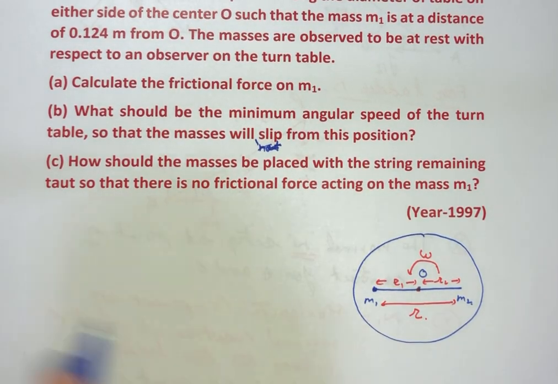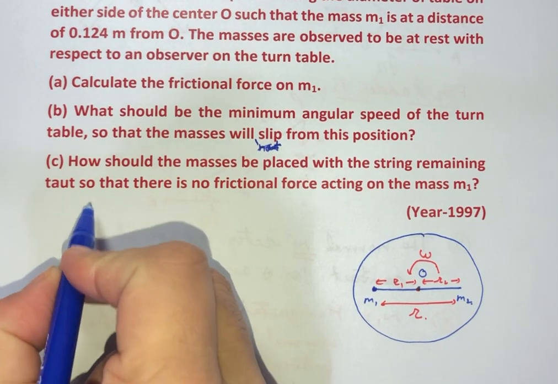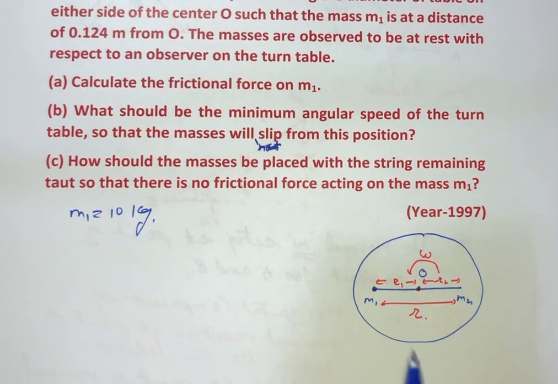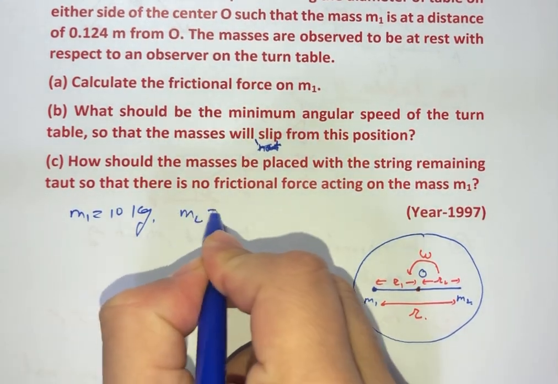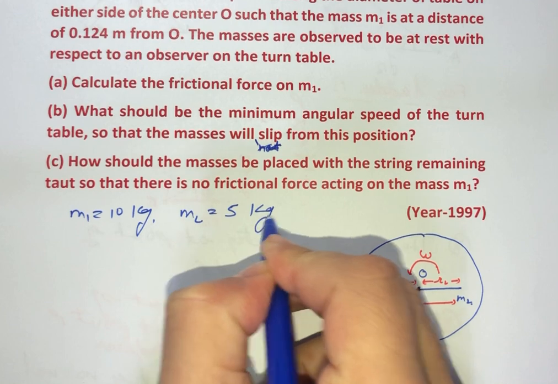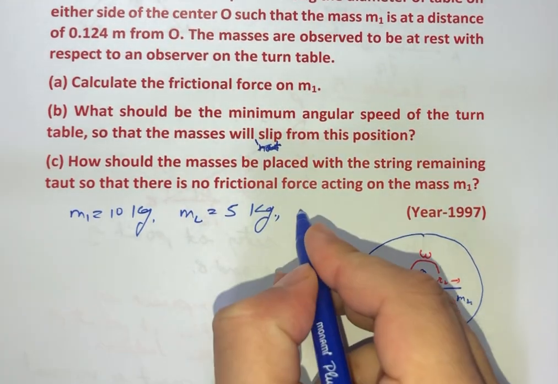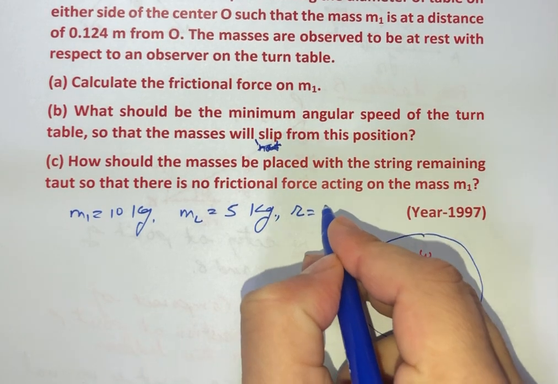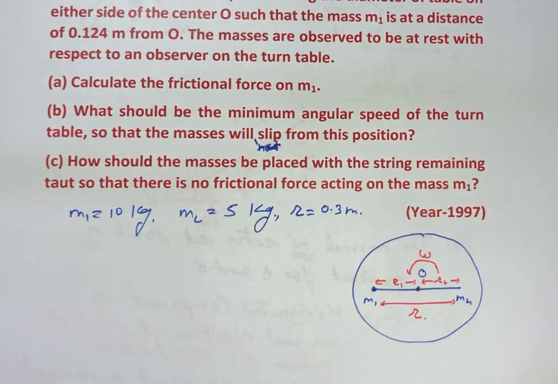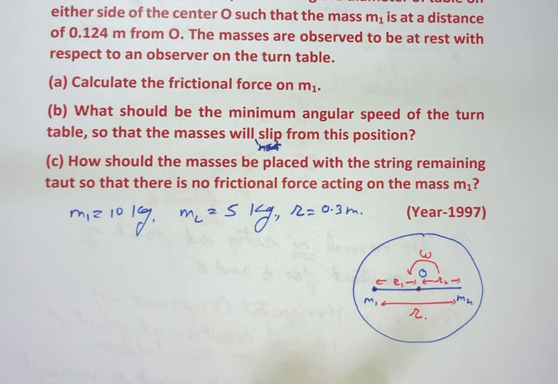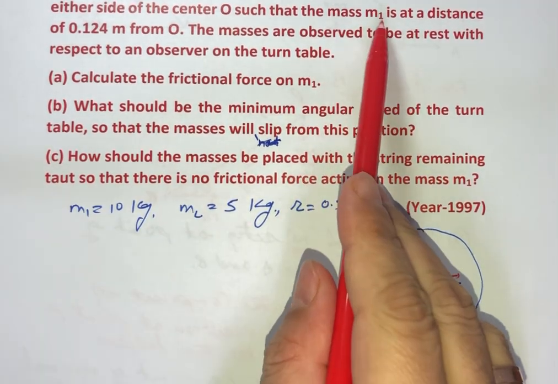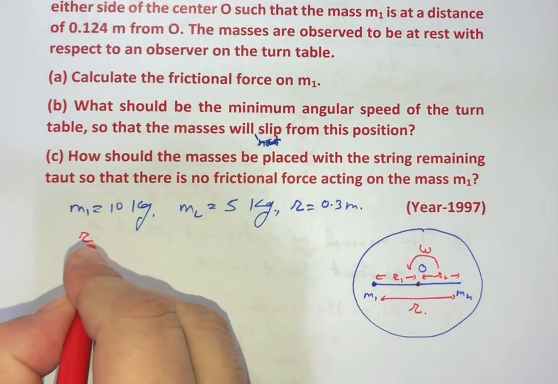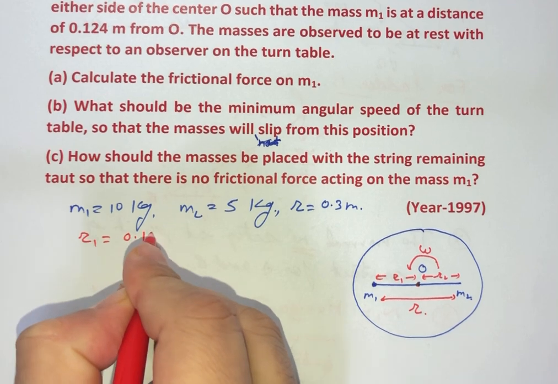So we are given that m1 is 10 kg, m2 is 5 kg, and the total distance r is given as 0.3 meter. And it is also given that m1 is at a distance r1, so r1 is given as 0.124 meter.